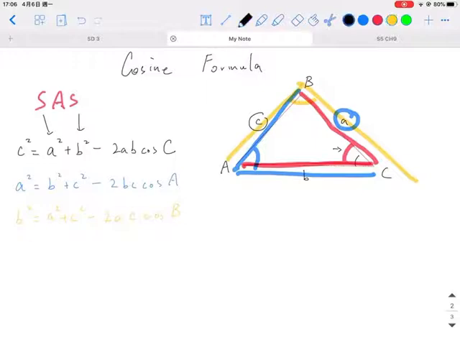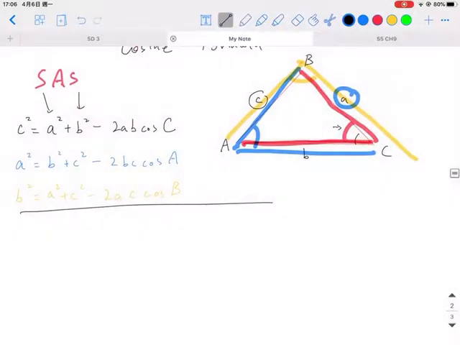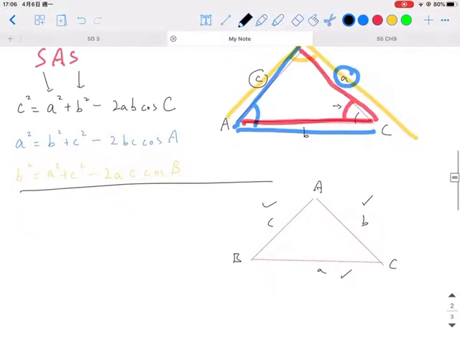And we have another format, where we can find an angle if we know the three sides of the triangle. For example, here A, B, C. If we know these three sides, we can find the three angles of the triangle.